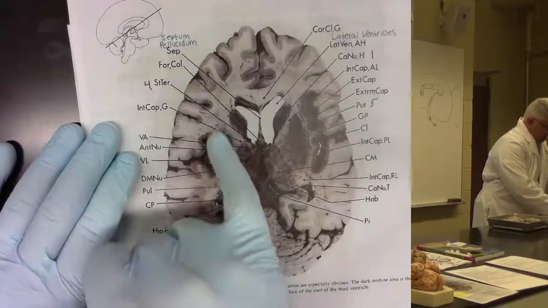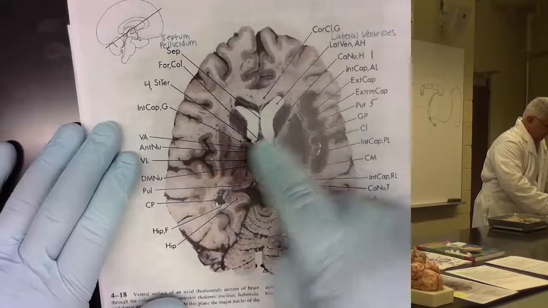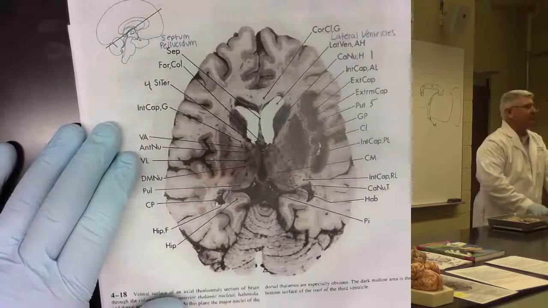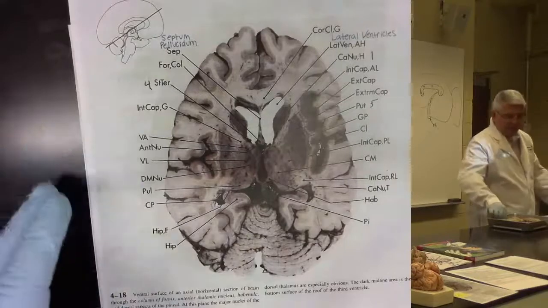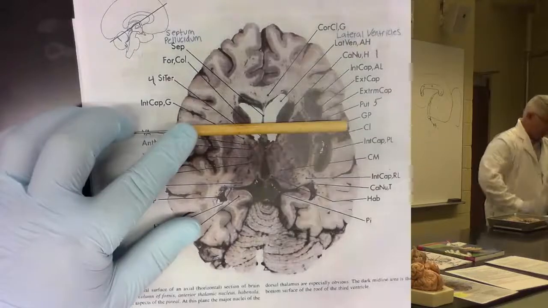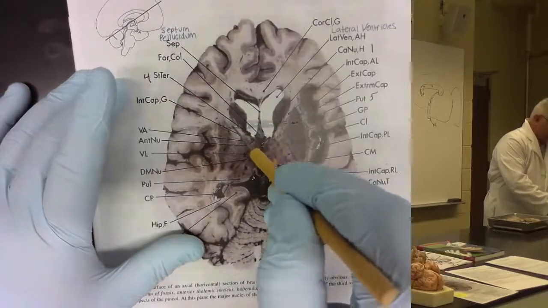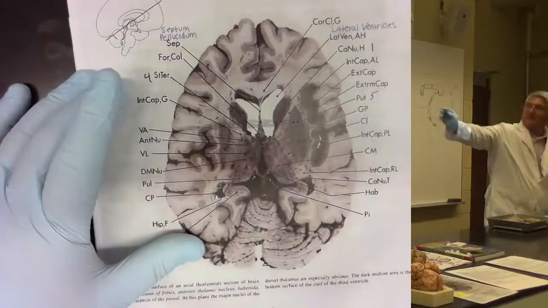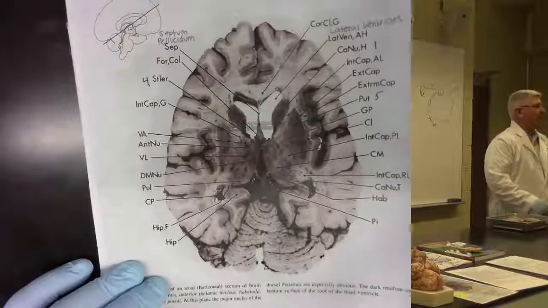And then this dark lens triangular shape out here is the lentiform nucleus. So when we're talking about an anterior cut in the sheep brain, we're slicing up and down, not horizontal, and we're seeing caudate, internal capsule, lentiform nucleus like that.